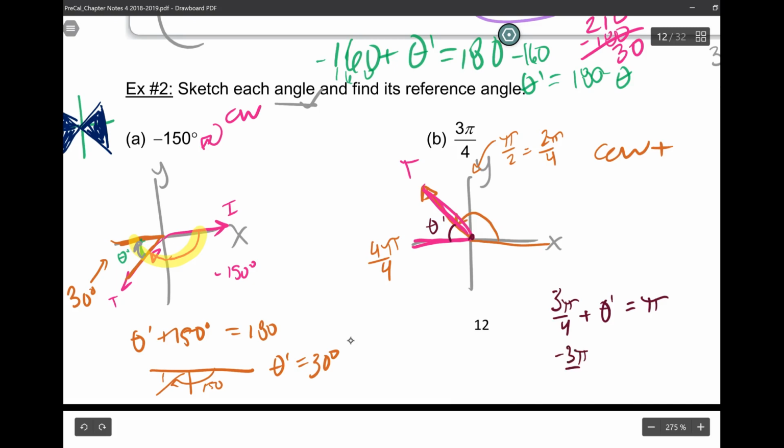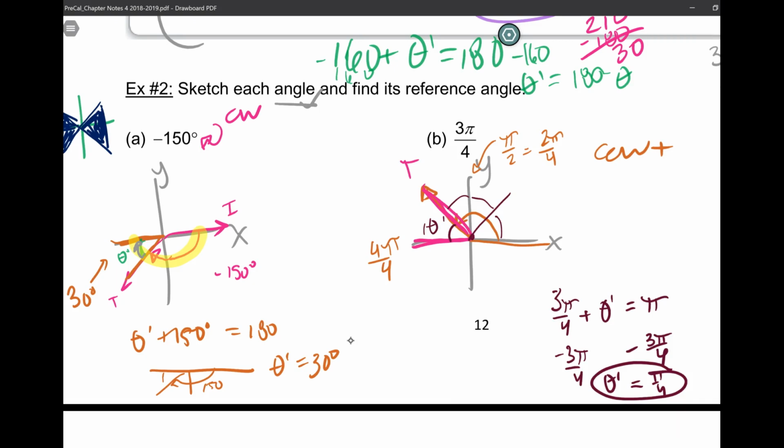Subtract 3/4 pi on both sides, and you find that our angle is going to equal pi over 4. That makes sense because here's 1/4 pi, 2/4 pi, 3/4 pi, 4/4, which is 1 whole pi. Okay, cool. So we found that this is equal to pi over 4.